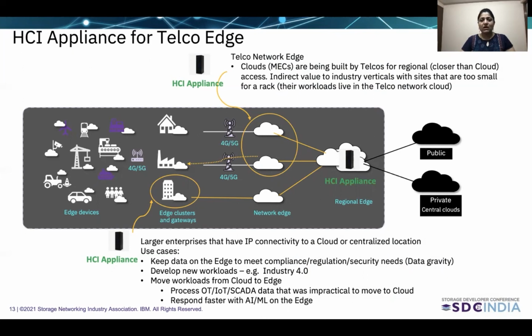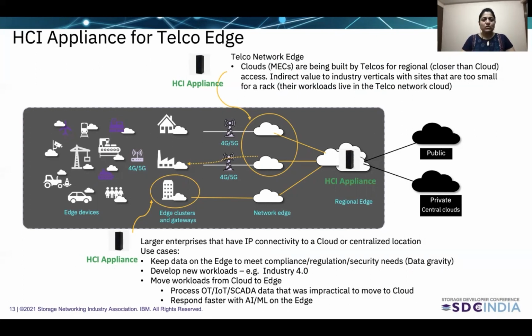This is what is called the network edge. This is also where an HCI appliance can fit in. Clouds are being built by telcos for regional access. The value it provides is to the industry verticals, which are smaller in size and do not have space for a rack.